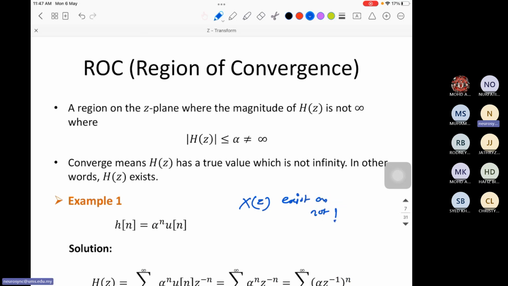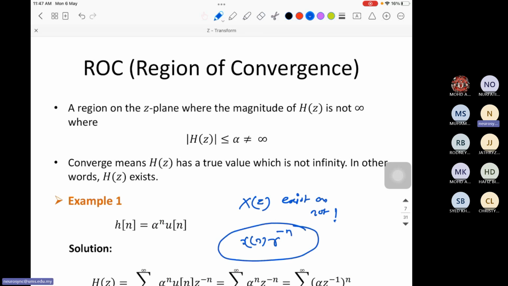Now there is one sufficient condition, and that would be on the new sequence x(n) r^{-n}. Now this is a new sequence for us. x(n) r^{-n} is absolutely summable or square summable.